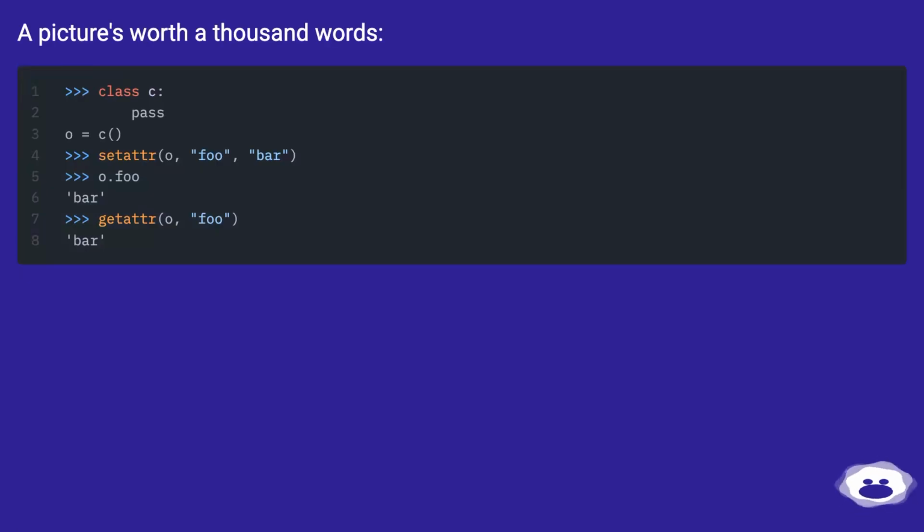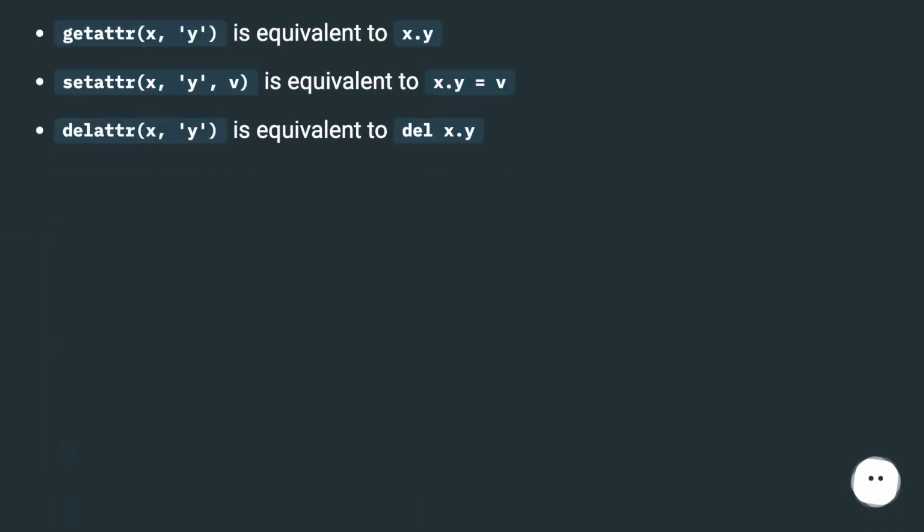A picture's worth 1,000 words. getattr(x, 'y') is equivalent to x.y, setattr(x, 'y', v) is equivalent to x.y = v, delattr(x, 'y') is equivalent to del x.y.